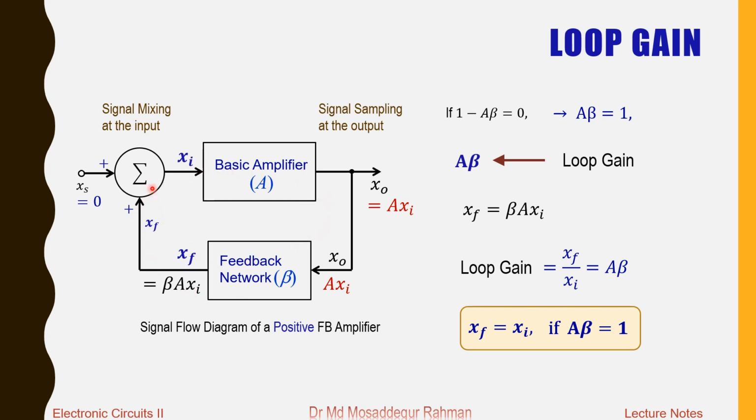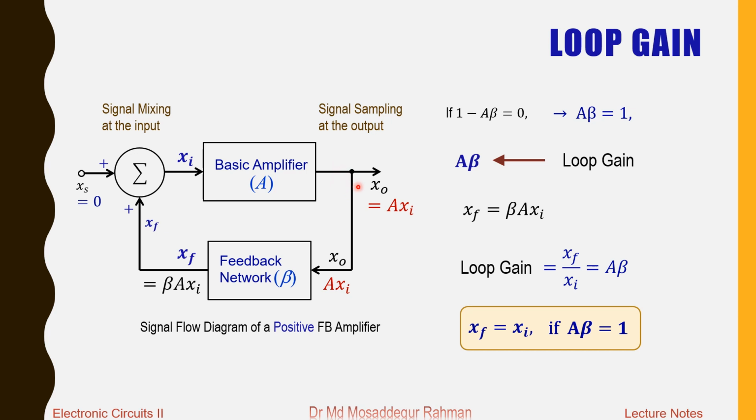And this is how we get a sustained signal at the output. It doesn't die out because the output signal is fetched by the feedback network and fed into the basic amplifier, and it keeps regenerating the signal Xi, which is multiplied, and you get a sustained output at the output of the basic amplifier, that is X naught.